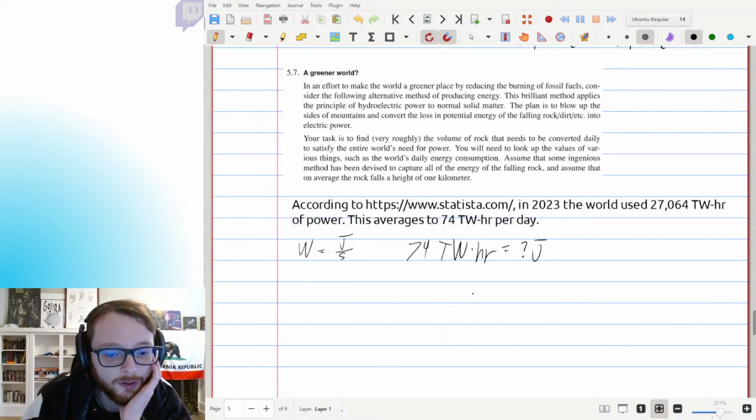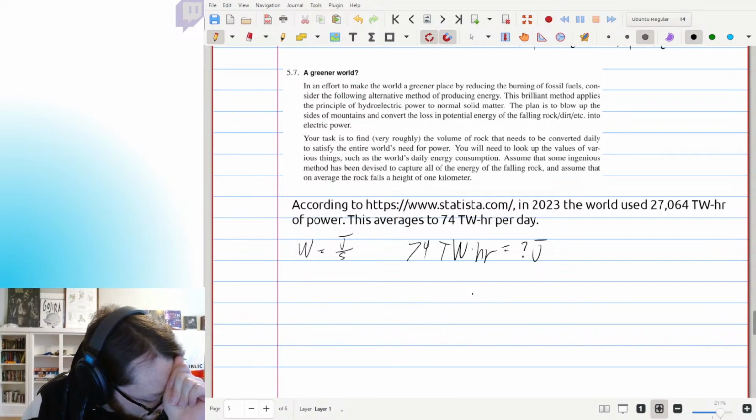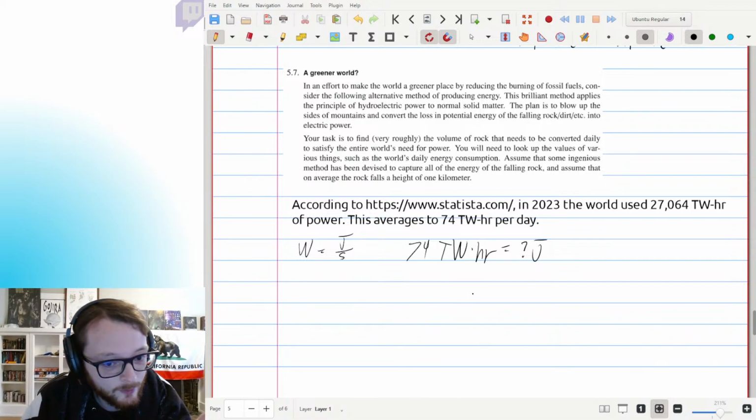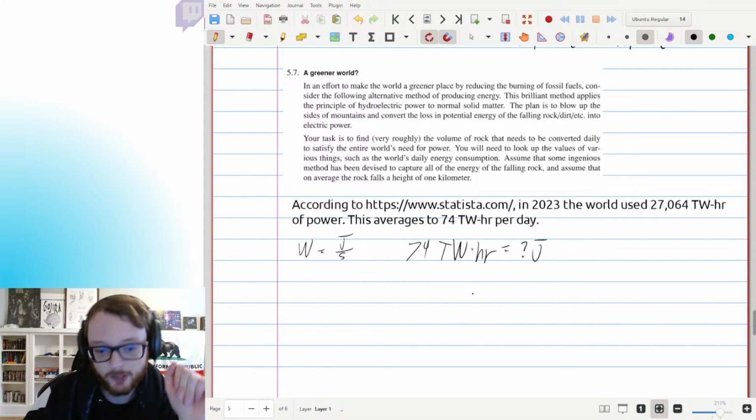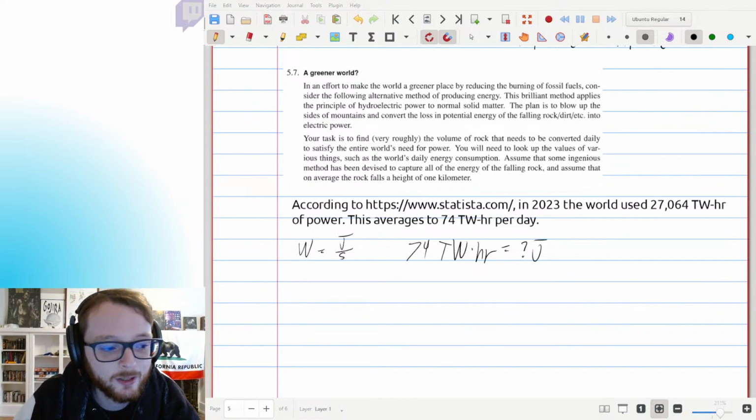That is what we ultimately want. So maybe we want to convert this. We want to get the terawatts to just regular watts, and we want to get the hours to seconds.